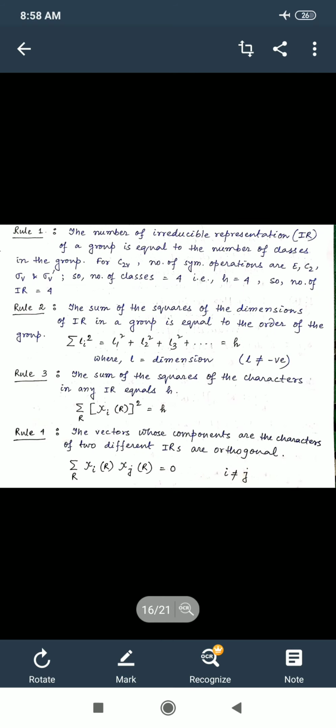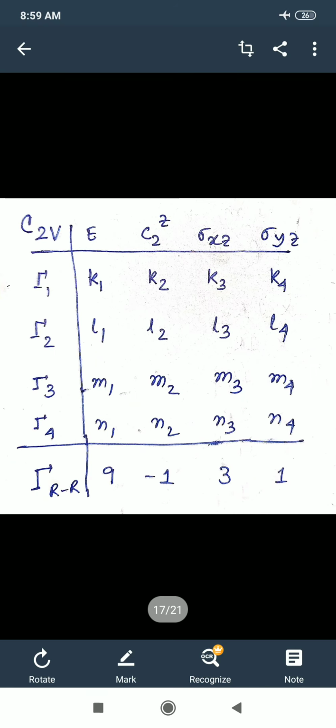Next I have written rule number 3: the sum of the squares of the characters in any irreducible representation is equal to h. I had already said that for an irreducible representation, suppose I take Bethe notation 1, the characters are K1, K2, K3 and K4.